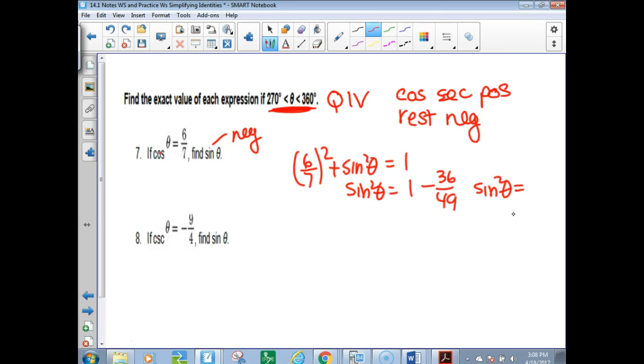Okay, what's that? 49 minus 36, is it 13? Over 49. And then we're going to take the square root, and it's plus or minus the square root of 13 over 7. So negative square root of 13 over 7.